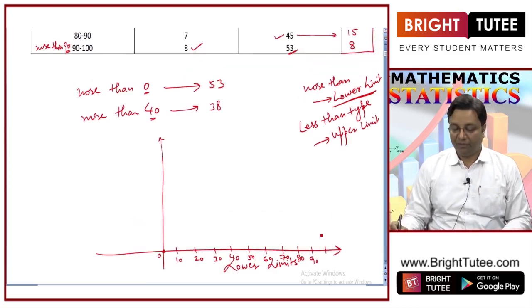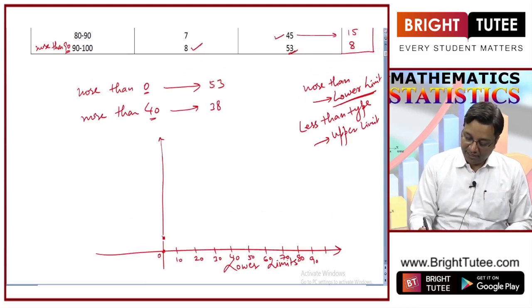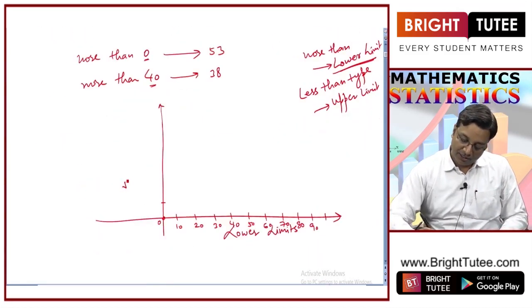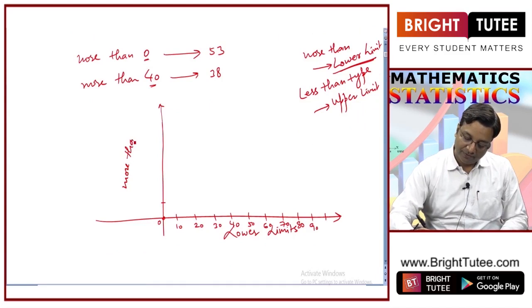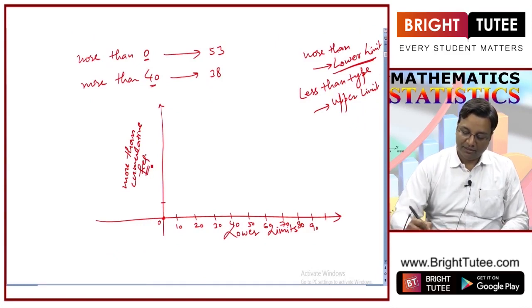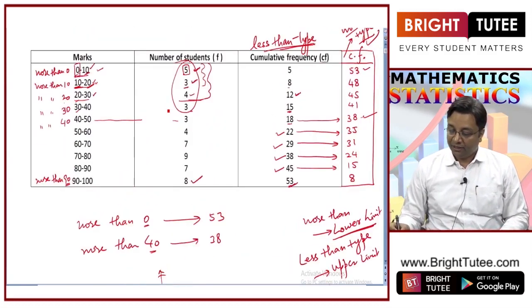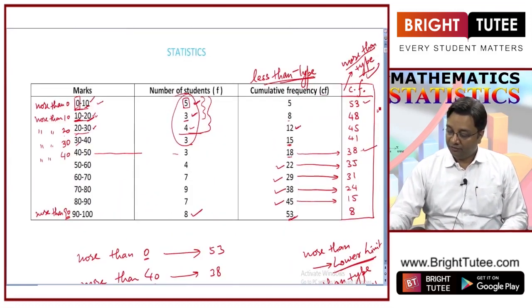So, these are the lower limits that we have, and I write more than cumulative frequencies on y axis. Okay. So, these are the more than cumulative frequencies.